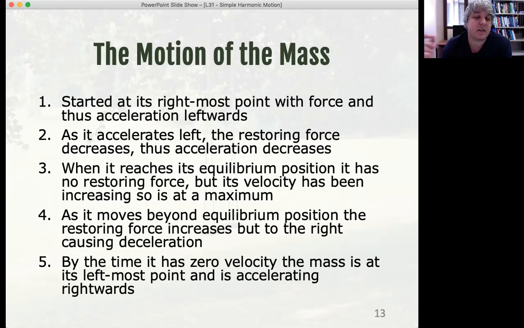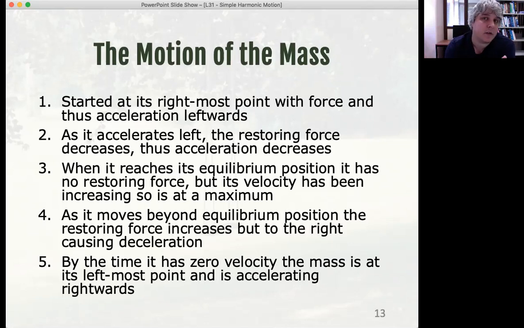As the acceleration decreased, the velocity is increasing to the point where it reaches that equilibrium position. It's been accelerating the whole way there, so that means its velocity is now as big as it ever gets, pointing left, but there's suddenly no restoring force and no acceleration. So for that instant, velocity is maximum, but the acceleration is nothing.